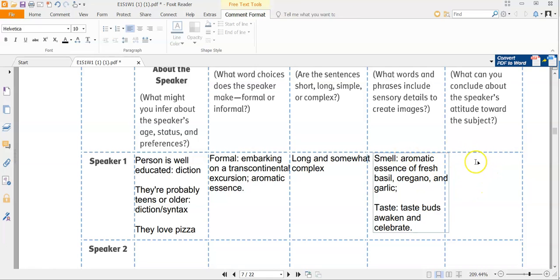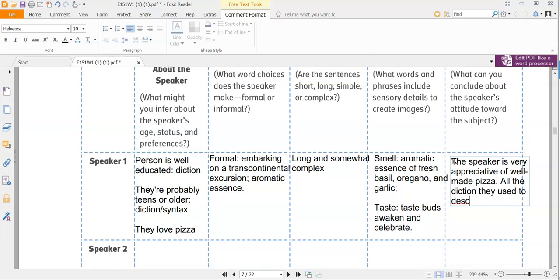Then finally, what can you conclude about the speaker's attitude toward the subject? I'm going to say the speaker is very appreciative of well-made pizza. And I know that because all the diction they used to describe pizza was positive.